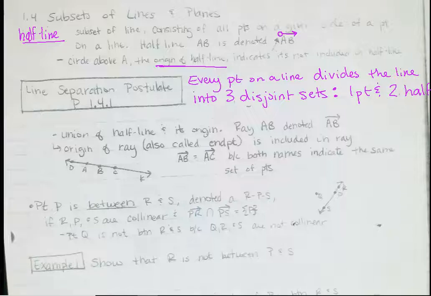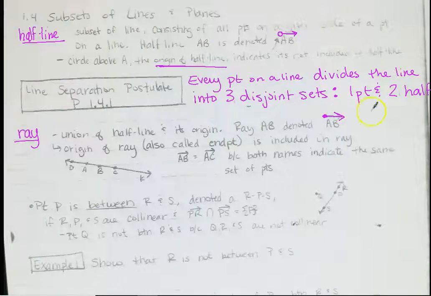The next definition is a ray. A ray is the union of the half line and its origin. It's crazy. Ray AB is denoted with just the line, and notice the point at the end would be included. It's not open anymore.